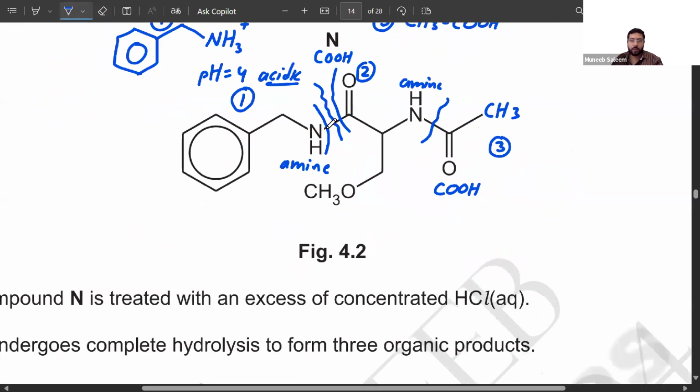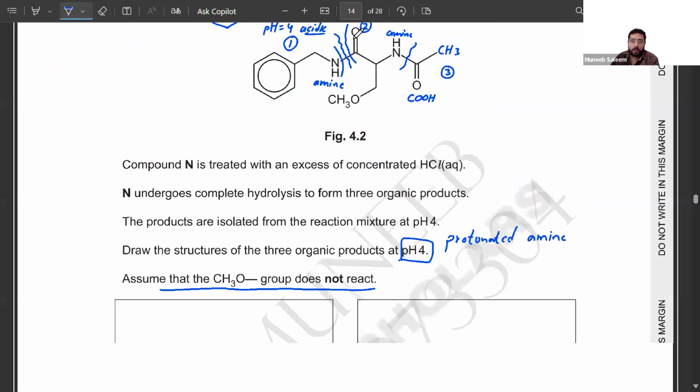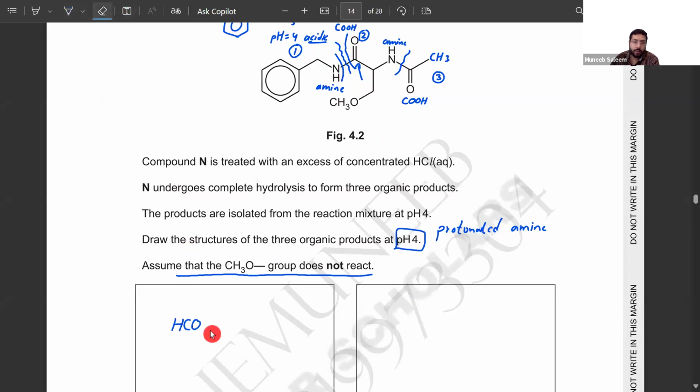So I'm going to draw the second fragment first to make it easier. So this side will have the carboxylic acid. So I'm going to draw the carboxylic acid like this, HO double bond O C. So this is my C carbon of this side, and that C is bonded with this portion.